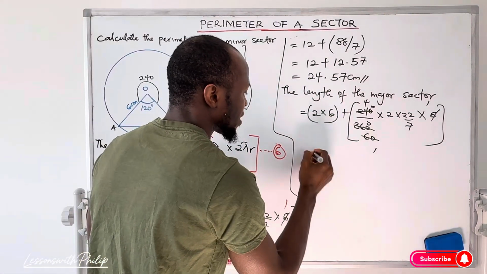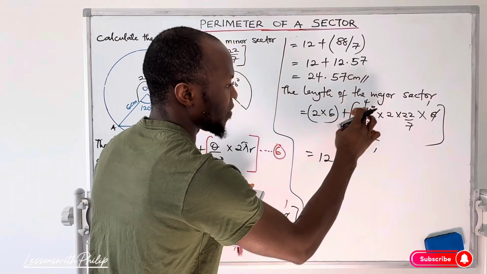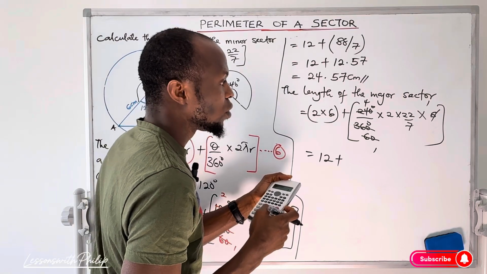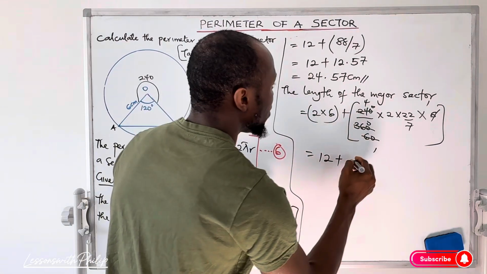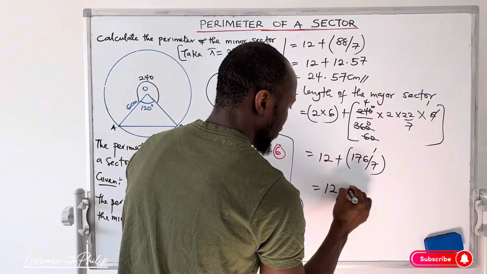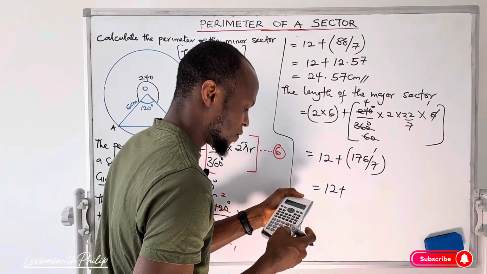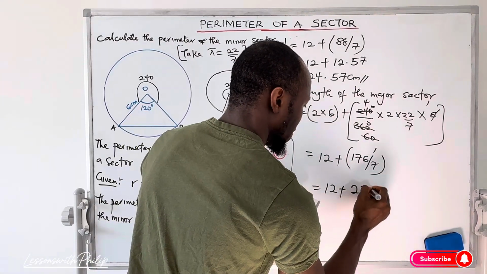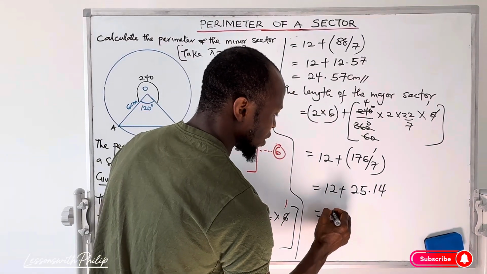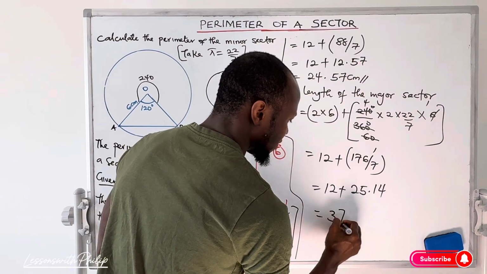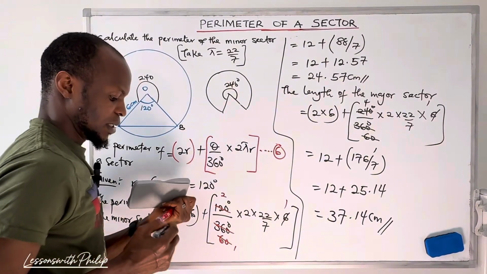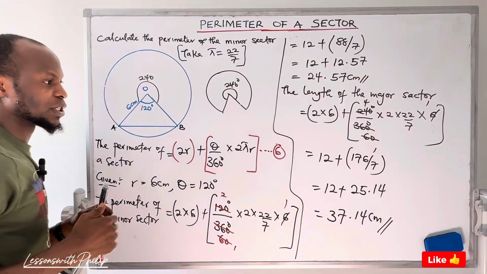We have 2 times 6, which is 12, plus 4 times 2 times 22, that is 176. We have 176 divided by 7. That is 12 plus 176 divided by 7, which is 25.14. If you add that together, that will give us 37.14 centimeters. This is the perimeter of the major sector.